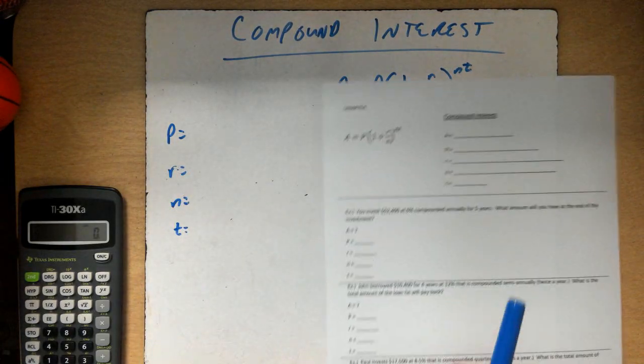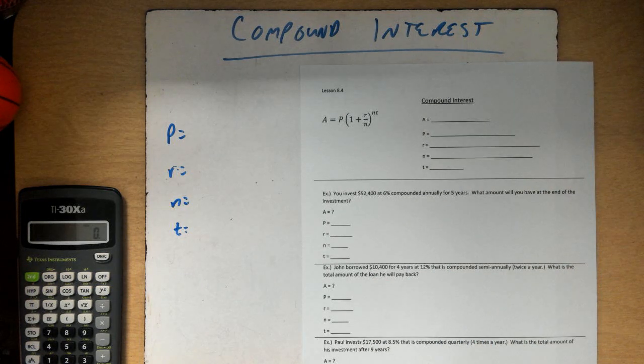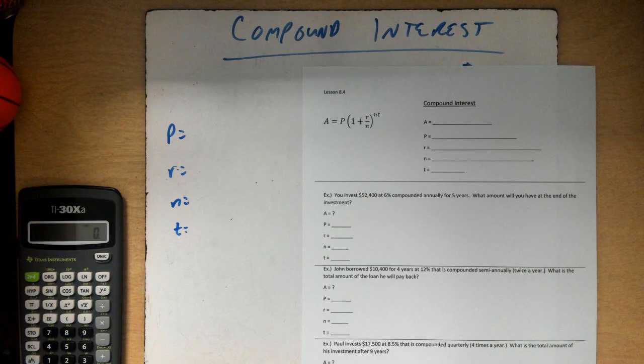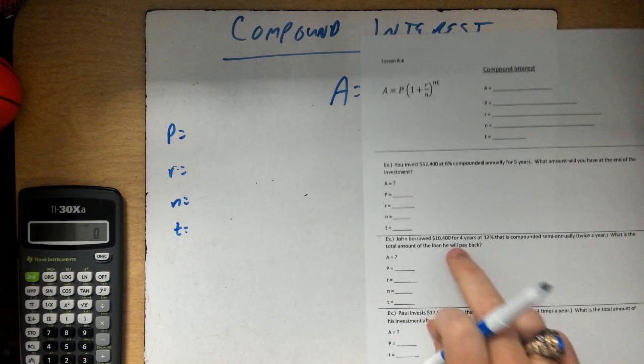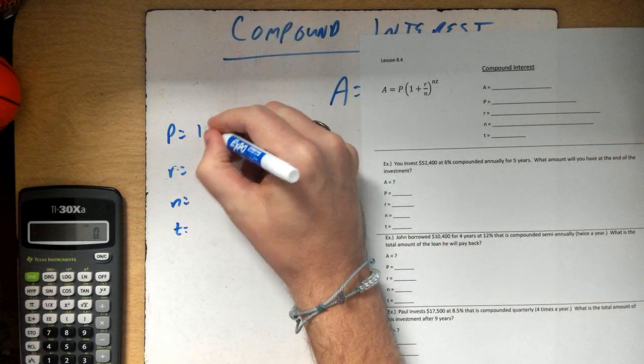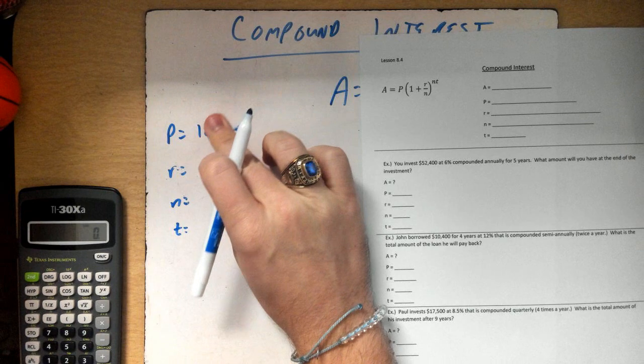All right, so it says, John borrowed $10,400 for 4 years at 12% that is compounded semi-annually, which is twice a year. What is the total amount of the loan he will pay back? All right, so start us again. Our principal, what did he start with? He started with 10,400.